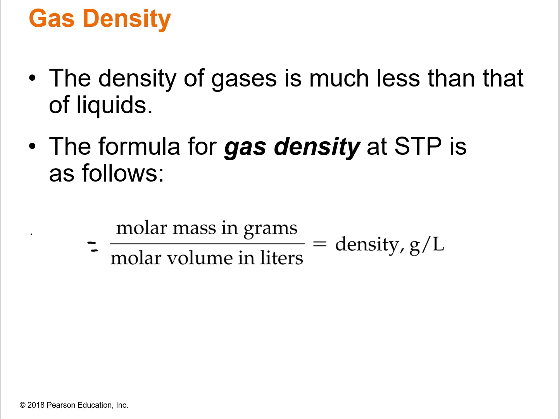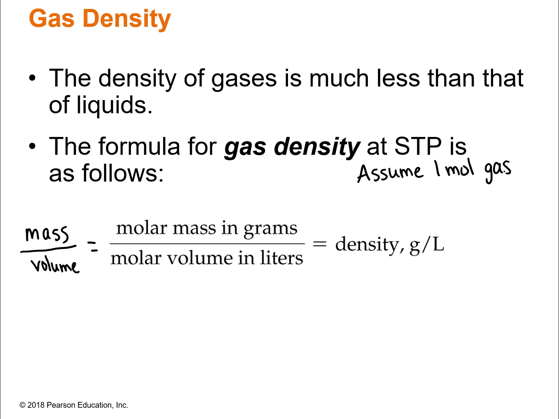Because remember, density is equal to mass over volume. And if we assume that we have 1 mole of gas, then the mass of that 1 mole is going to be the molar mass.